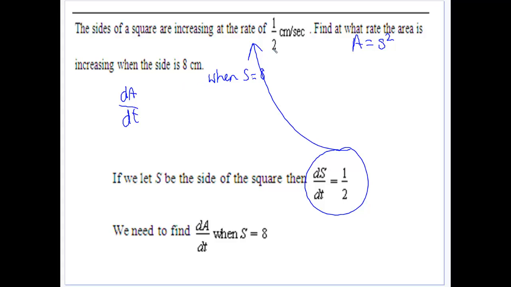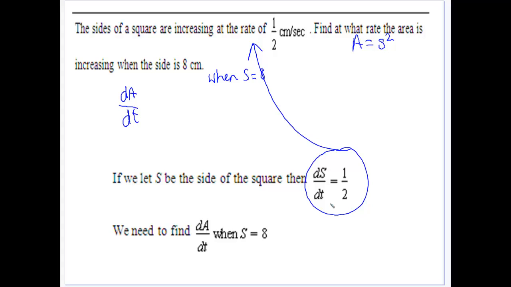So the side of the square is increasing at a rate of 0.5 centimetres per second. That really means the derivative of the side of the square with respect to time would be a half, because we don't know what the actual value of the side of the square is, but we know it's increasing at 0.5 centimetre per second. So that's where we can write ds/dt is equal to a half.